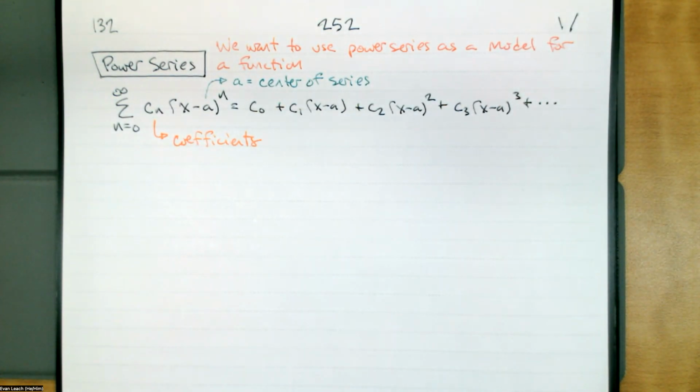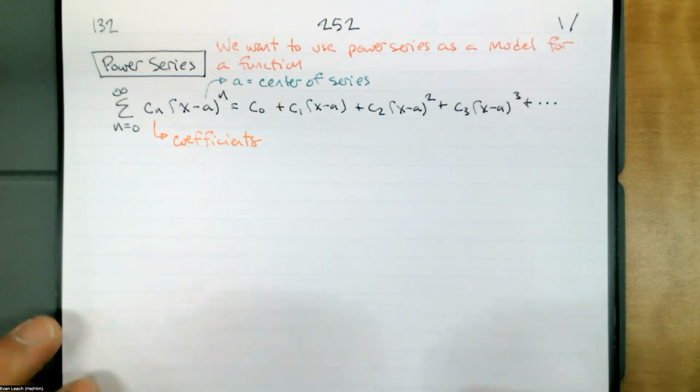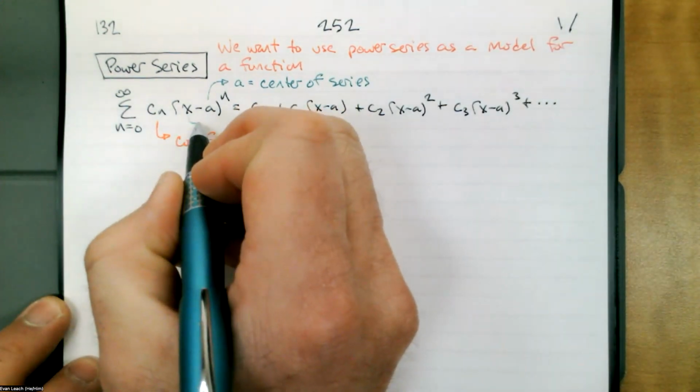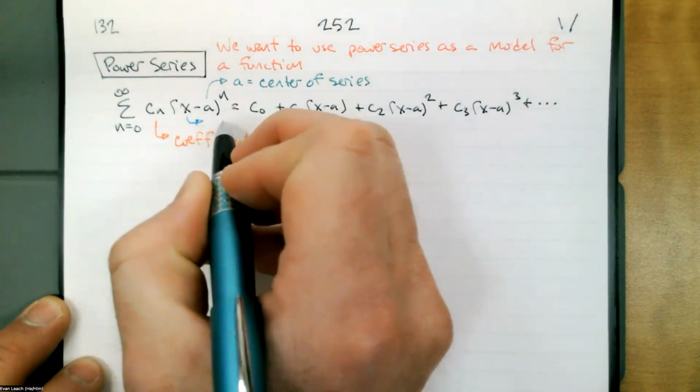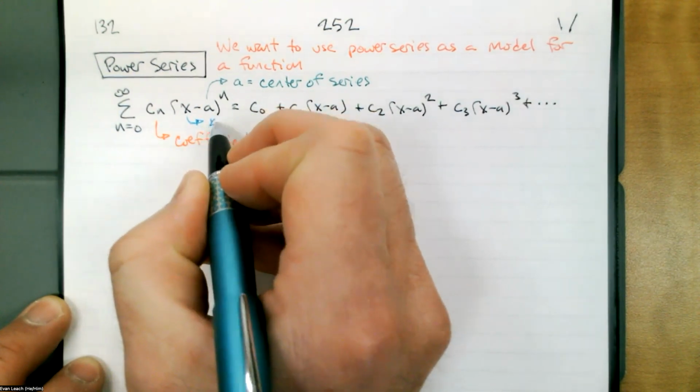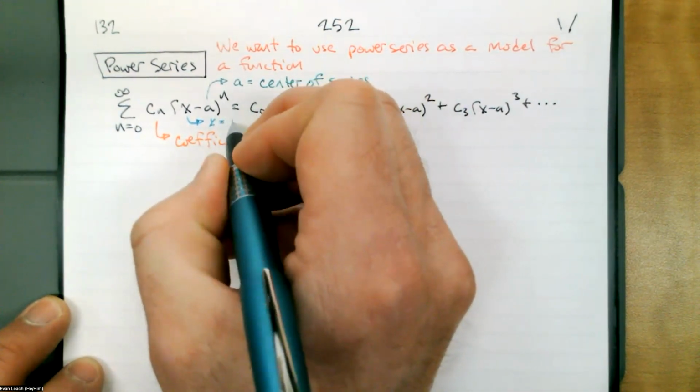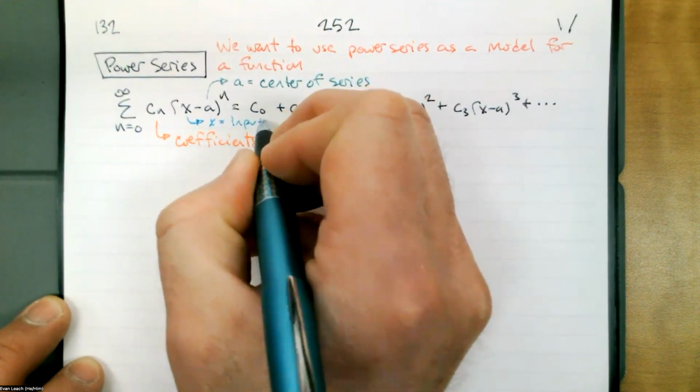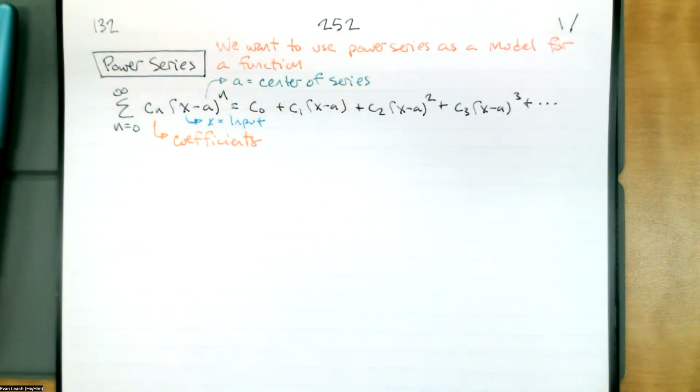And x is our input. We have an input, a center, and then we have the coefficients.